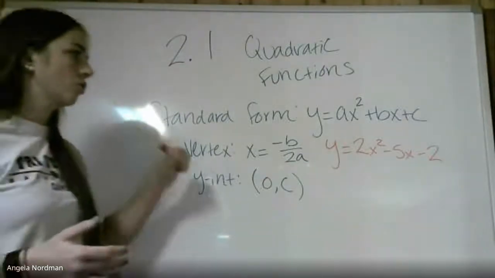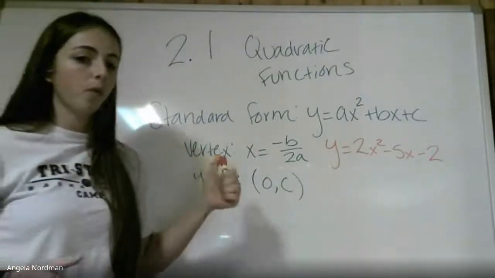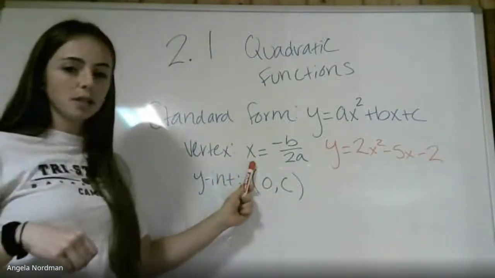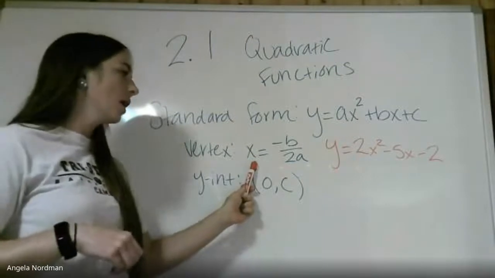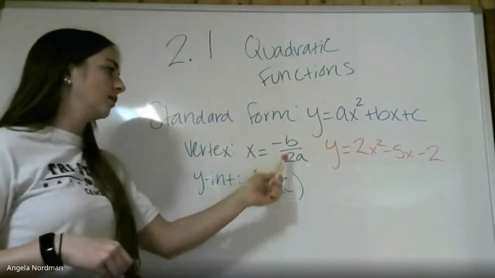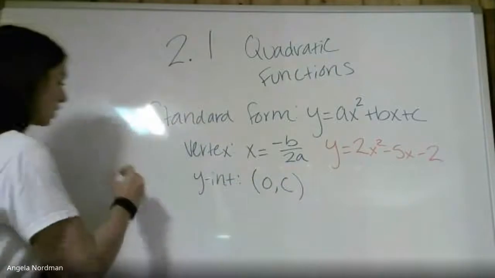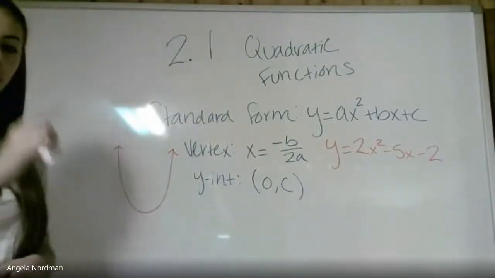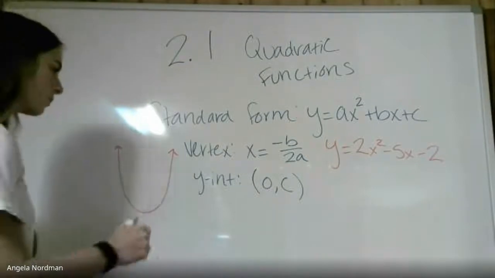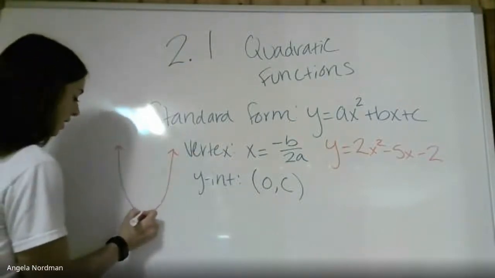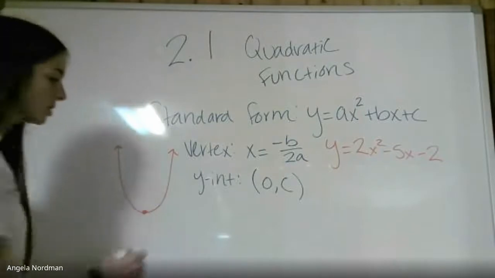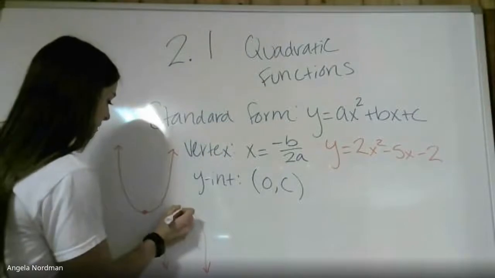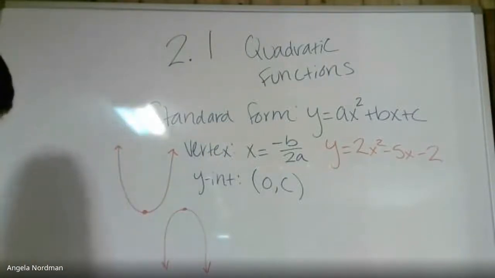The way that we start graphing standard form quadratic functions is we find the x-coordinate of the vertex by using x equals negative b over 2a. So when we're talking about the vertex, since we know quadratics make a parabola, or that U-shaped figure, the vertex is going to either be the very bottom point, or with a parabola that opens down, it's going to be that very top point.